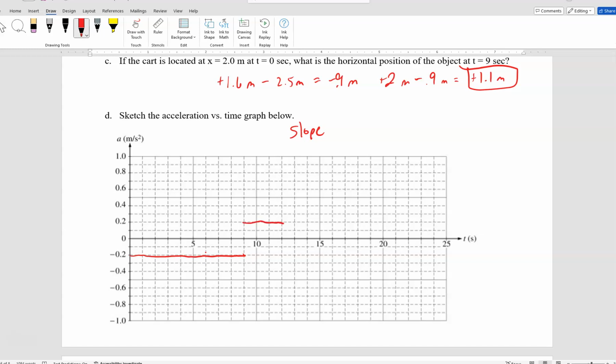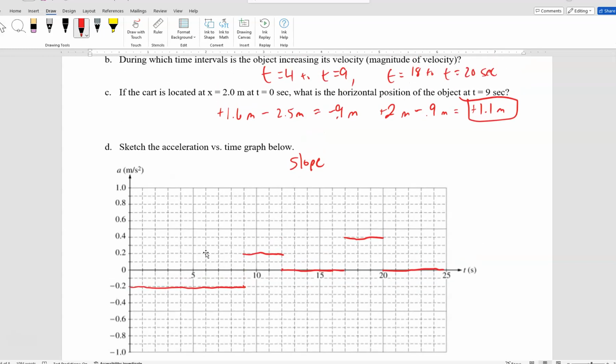Then the slope becomes 0 all the way until the 17-second mark. And then it has a slope of positive 0.4 meters per second squared. So that goes on until the 20-second mark, and then the object stops for the last 5 seconds.